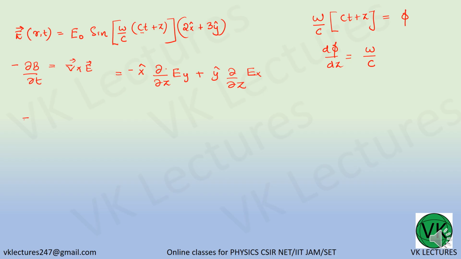Now let us rewrite Ey equal to 3 E naught sine of phi, and Ex equal to 2 E naught sine of phi.